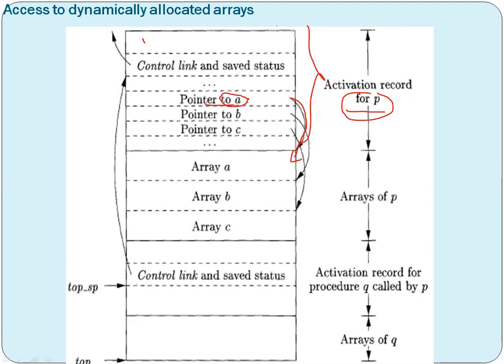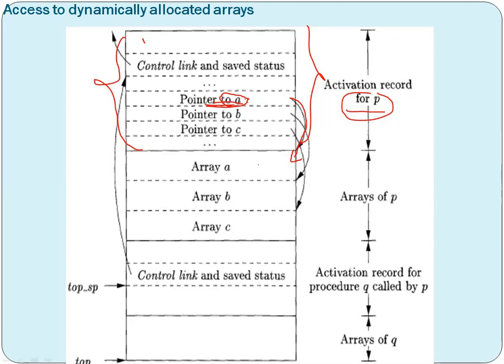In the activation record itself, it contains only the addresses of the locations where the corresponding variable length data is stored, but not the actual data.